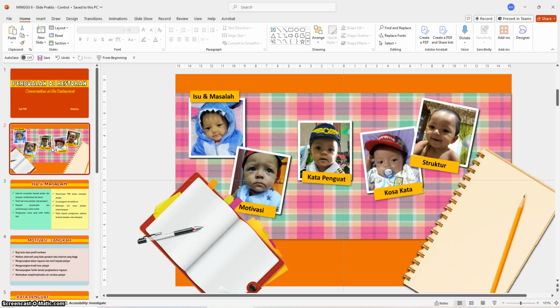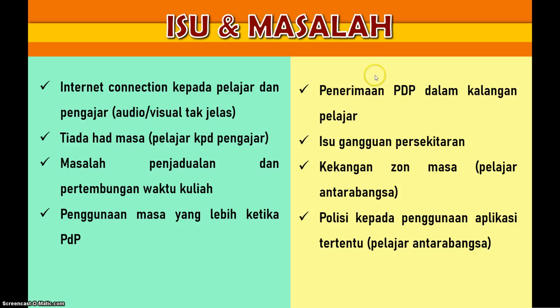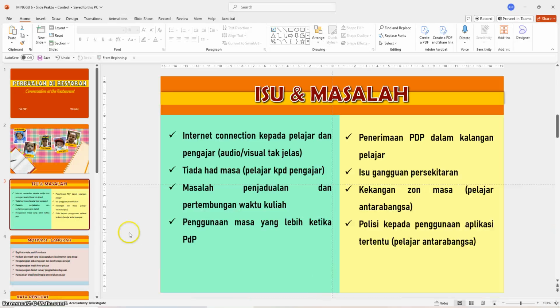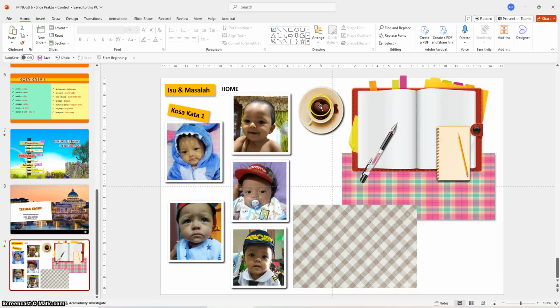So now the next thing that we are going to do is to insert a home button. Why? When you turn on your slideshow, when you go to isu dan masalah, how do you return to the control slide? You need a home button. For my case, I will choose this coffee cup.